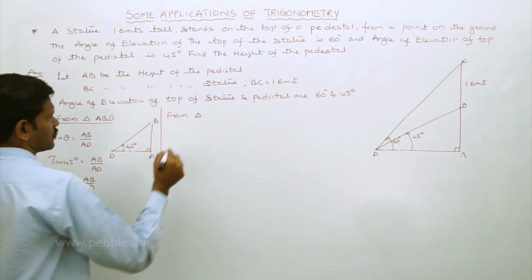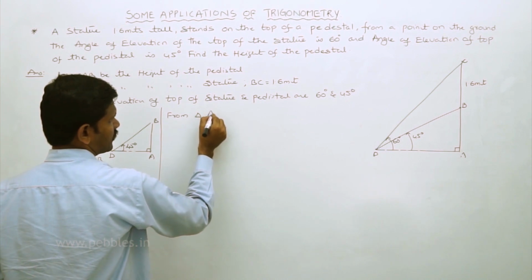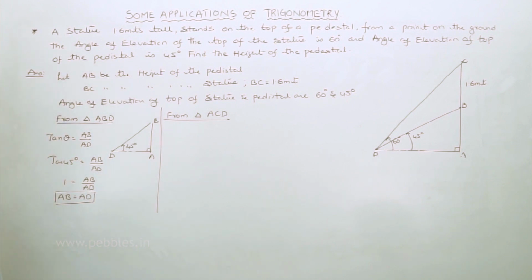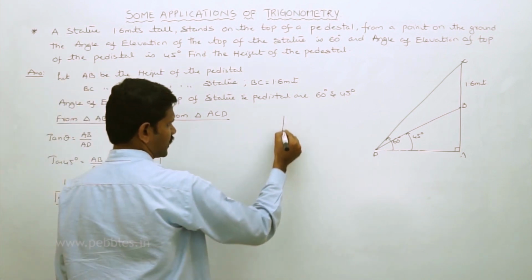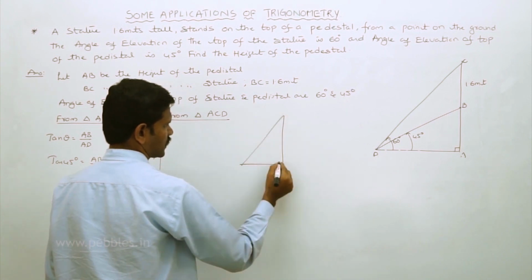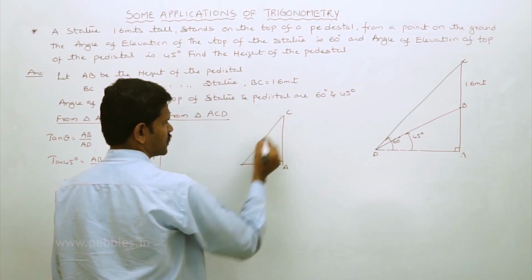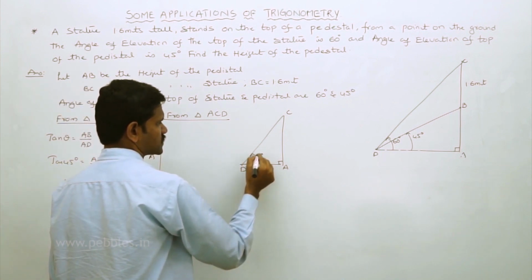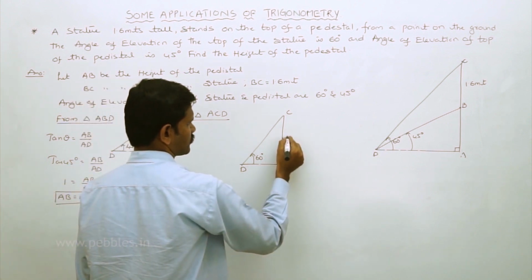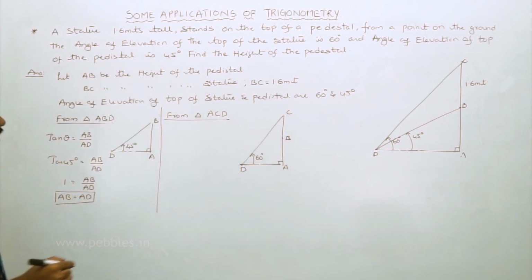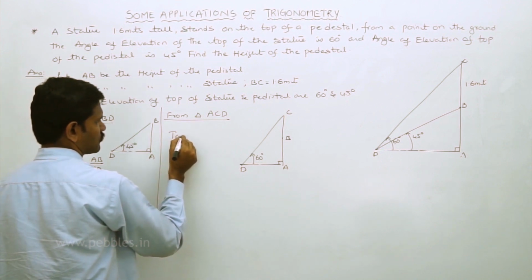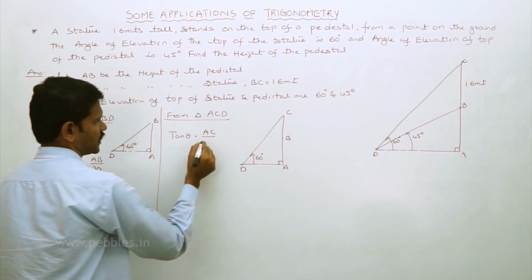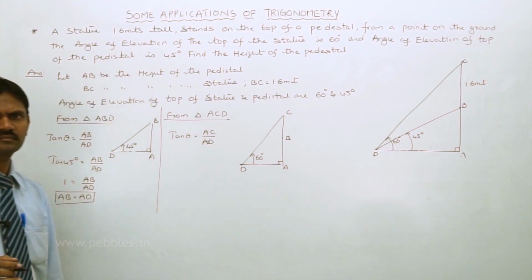From triangle ACD, take the triangle out. ACD, the right angle is at A, and CD makes an angle of elevation of 60 degrees, and in between there is a point B. Now apply the tan function. Tan theta is equal to opposite side AC by AD.